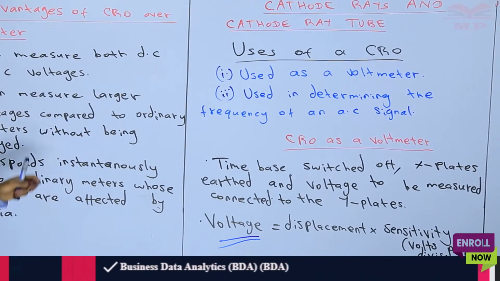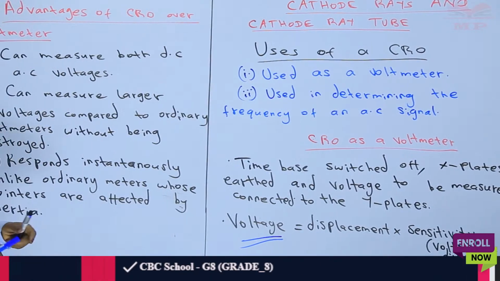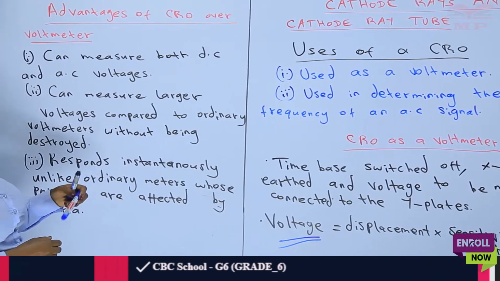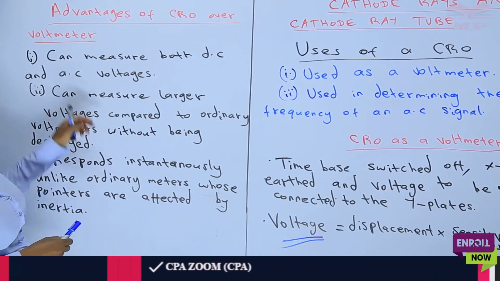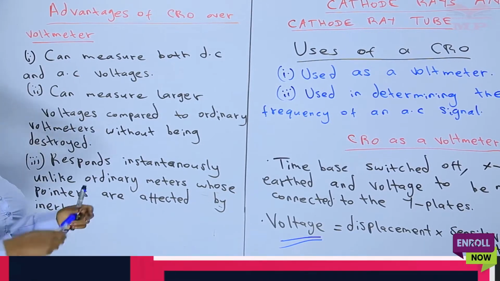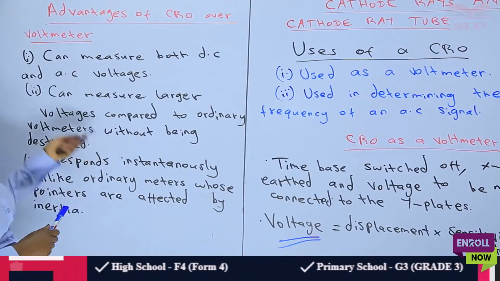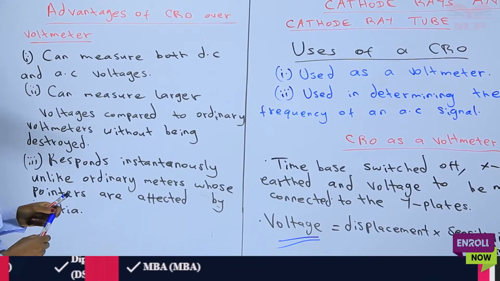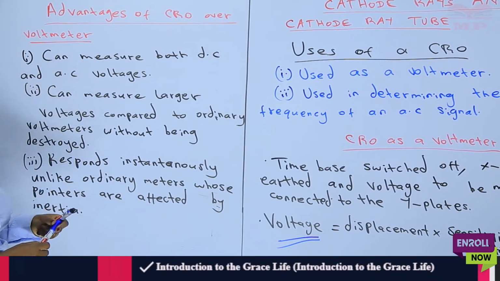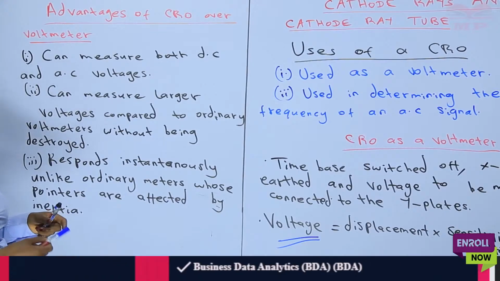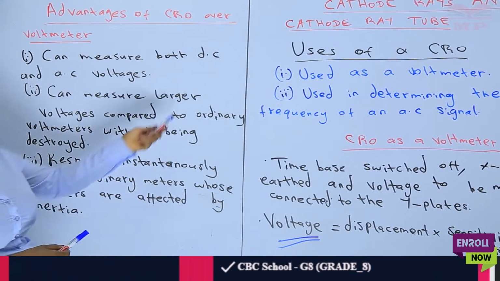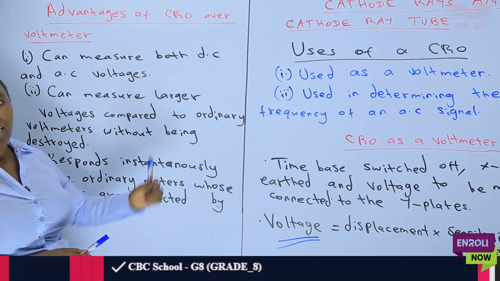Then we have also explained why the CRO is preferred to the ordinary voltmeters. It has the following advantages. We have mentioned 4 of them. It can measure both direct current and alternating current voltages, unlike the voltmeter, which only measures the direct current voltage.